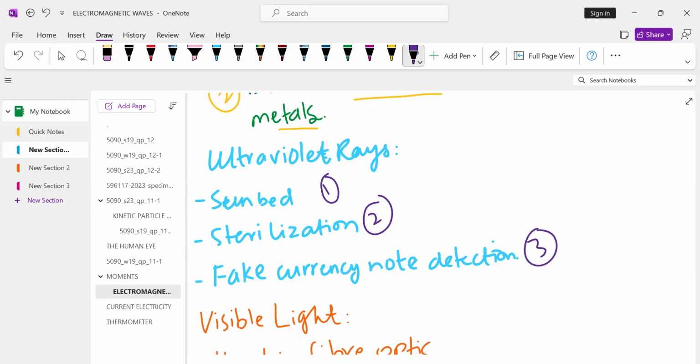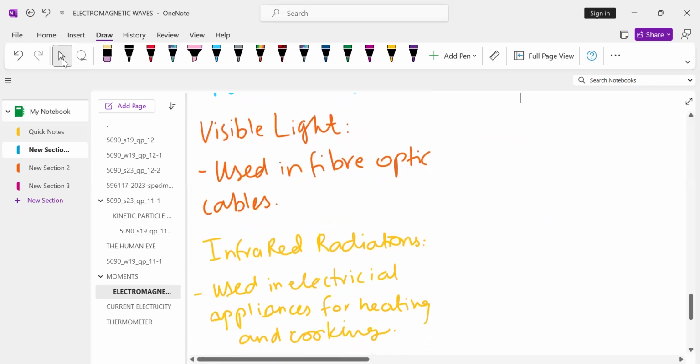And they ask you to identify the correct one, or which of the following is the correct use of ultraviolet rays. So sunbed is the correct answer. You need to memorize them or keep them in mind because they may appear in questions in paper 1 and 2.